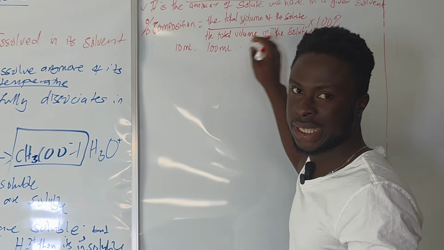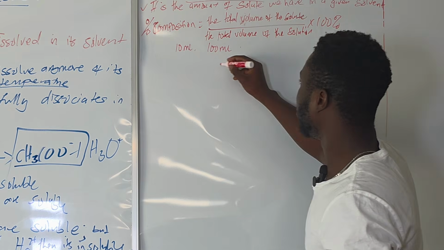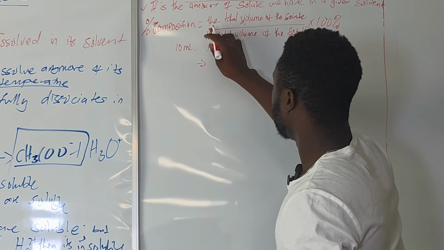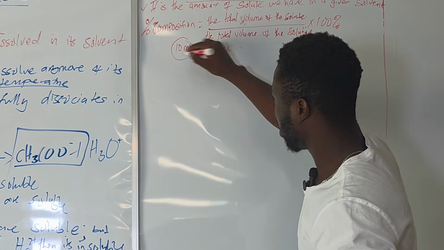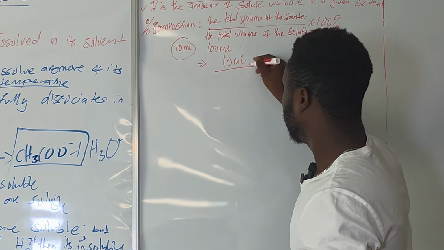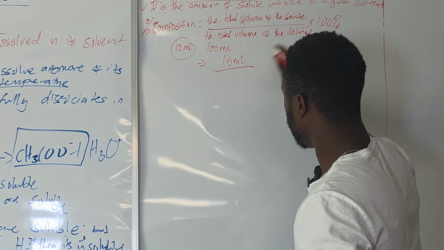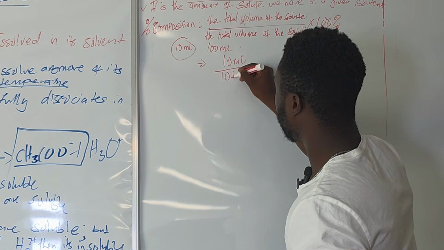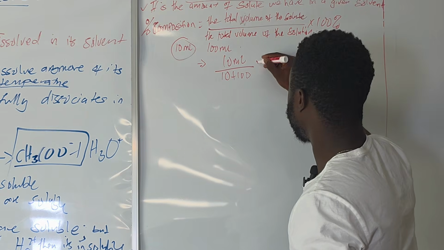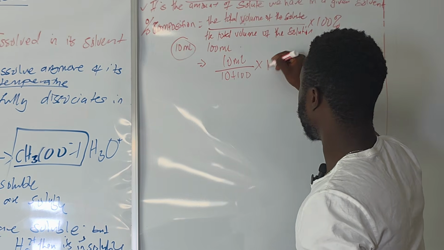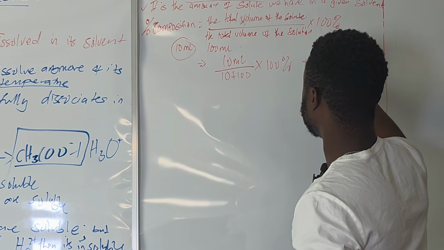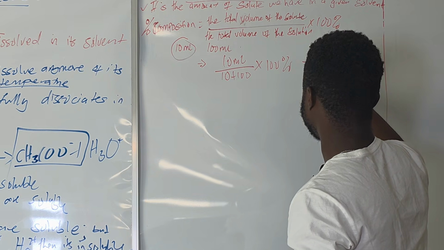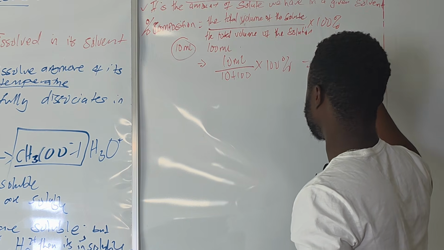The composition is going to be the total volume of the solute, which is the 10 milliliters, divided by the total volume of the solution. So it's going to be 10 plus 100, multiplied by 100%. So in that case, we're going to have 10 over 110 times 100.